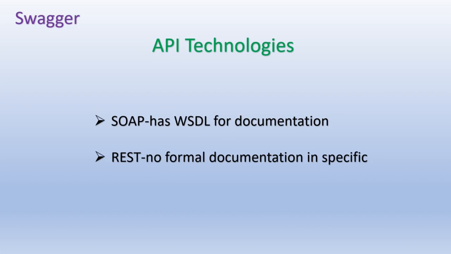And among API technologies, as we know, SOAP and REST. SOAP has a well-built WSDL for documentation. Web Service Description Language is there to develop the documentation. But whereas for REST, there is no officially declared documentation.